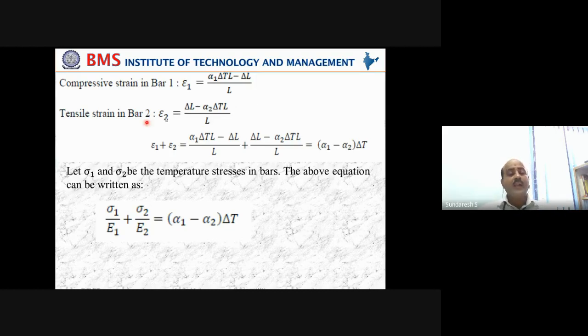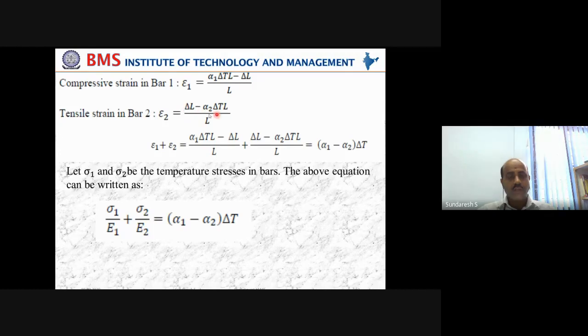Similarly, since bar 2 is subjected to a tensile stress, the nature of strain induced in bar 2 will be tensile. So the tensile strain in bar 2 is epsilon 2. Here the numerator is the deformation, the amount of elongation that material 2 will undergo.